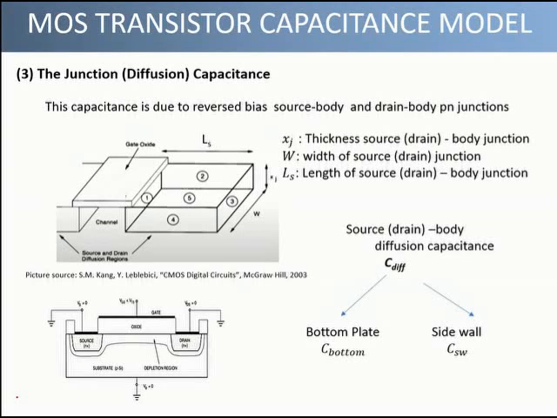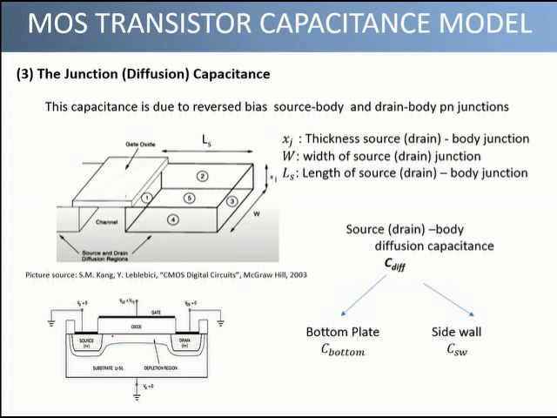The third source of capacitance in MOS transistors is known as junction or diffusion capacitance, and this capacitance arises due to the presence of two p-n junctions in the transistor. One is located at the interface of source and body, and the other one is located at the interface of drain and body. So let's see how these junctions behave like capacitors.